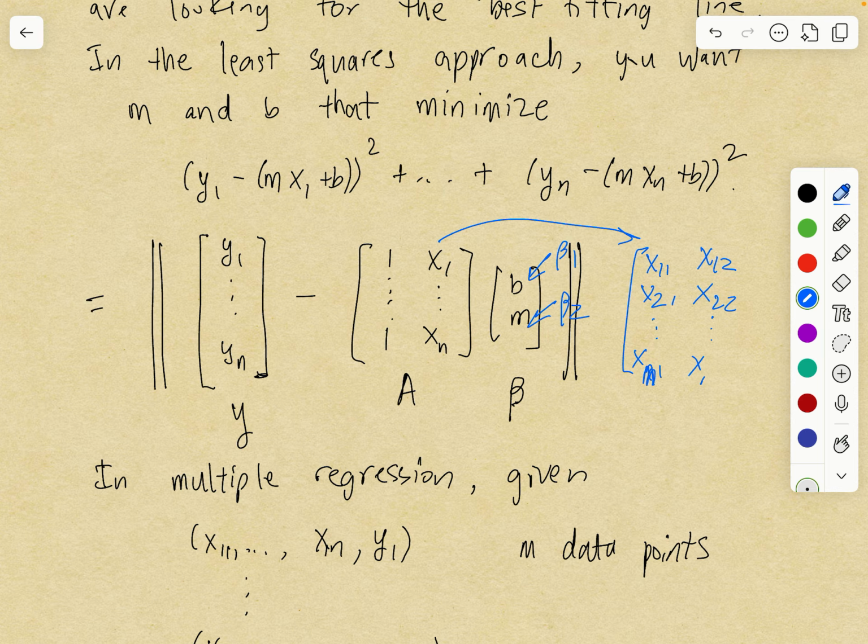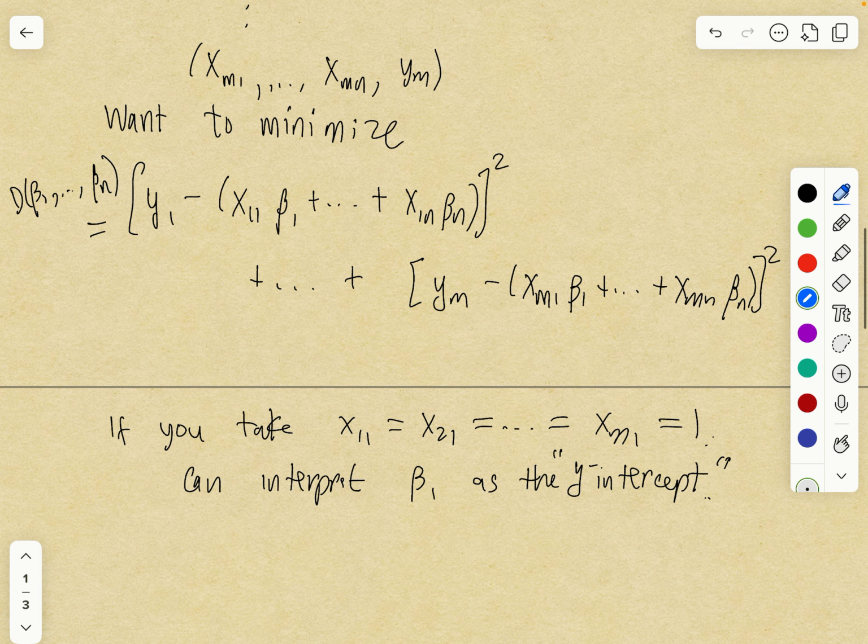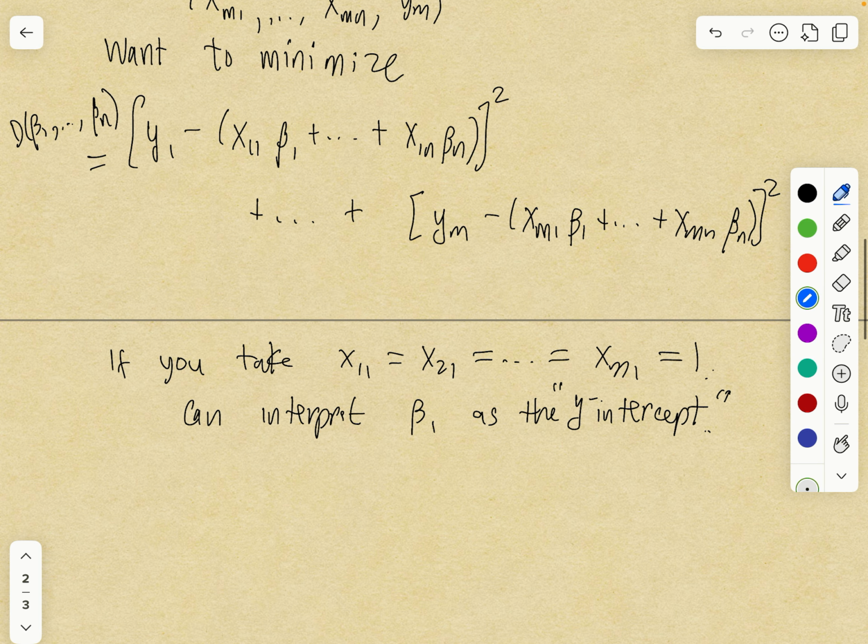So that's the connection here. So in this previous example, we had n data points, but in this scenario, we have m.